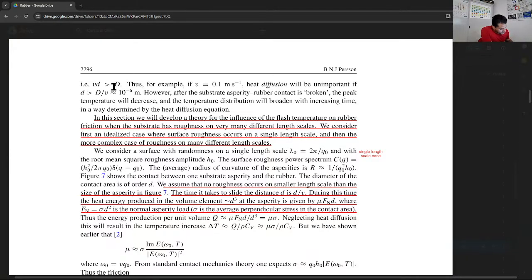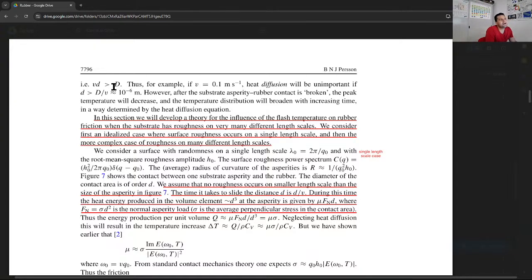Another way to express this definition of contact time with respect to the diffusion one is by considering that the velocity times the distance is bigger than the heat diffusivity, capital D. Persson says that if the heat diffusivity is bigger than 0.1, heat diffusion will be important.